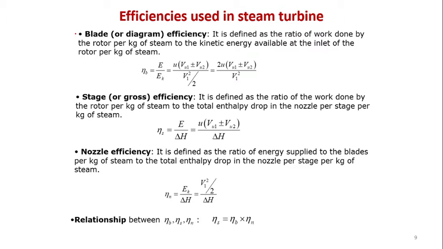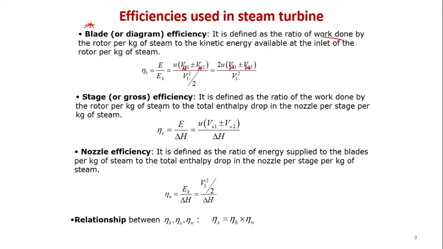The work done is given by U (VW1 plus VW2), divided by the kinetic energy available at the inlet. This is the diagram efficiency or the blade efficiency, which we use commonly in all our calculations. So eta B is given by 2U (VW1 plus or minus VW2) divided by V1 square. So this is the first, the diagram or blade efficiency.